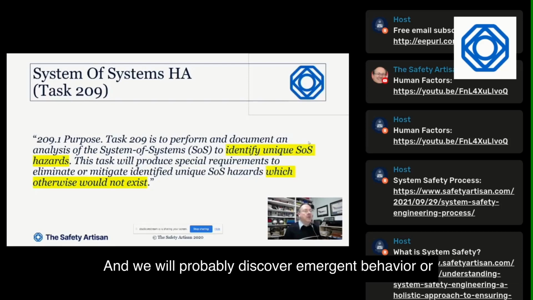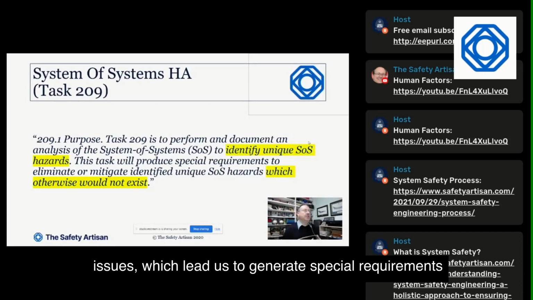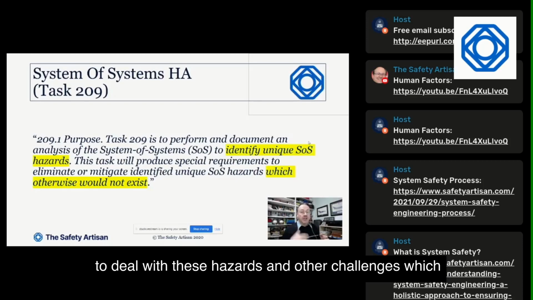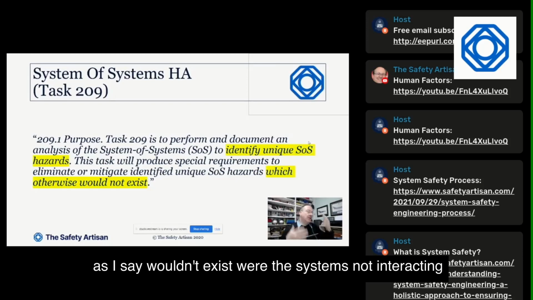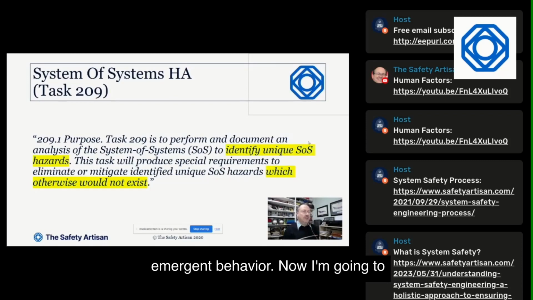We will probably discover emergent behavior or performance issues or mismatch issues or harmonization issues, which lead us to generate special requirements to deal with these hazards and other challenges, which wouldn't exist were these systems not interacting with each other. So we're really working at a high level on emergent behavior.